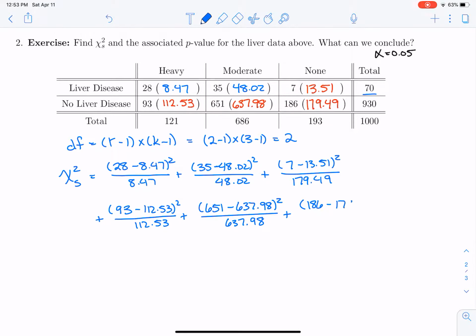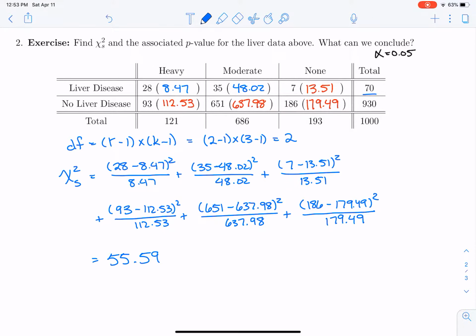But observed minus expected squared over expected. And look, I've even made a mistake. That's supposed to be 13.51. Okay, so we add up all of those, and we're going to get 55.59. Okay, that's a very large chi-squared statistic.